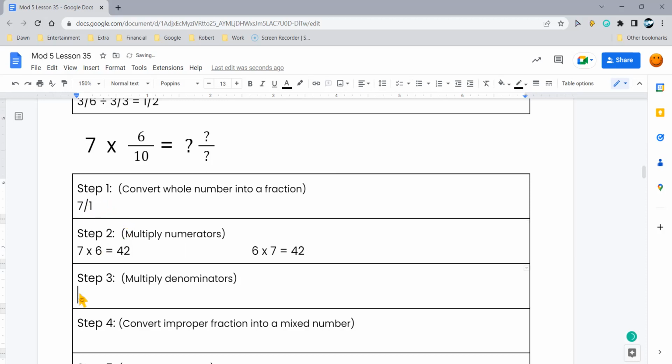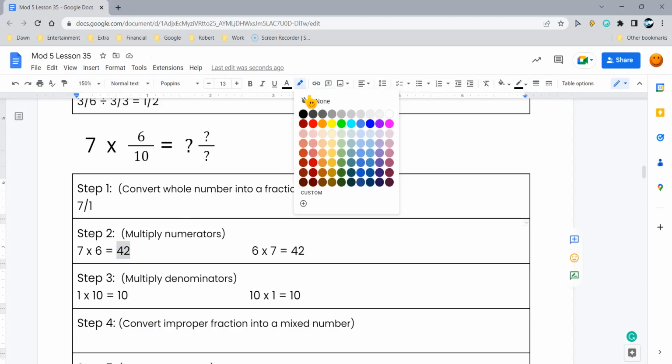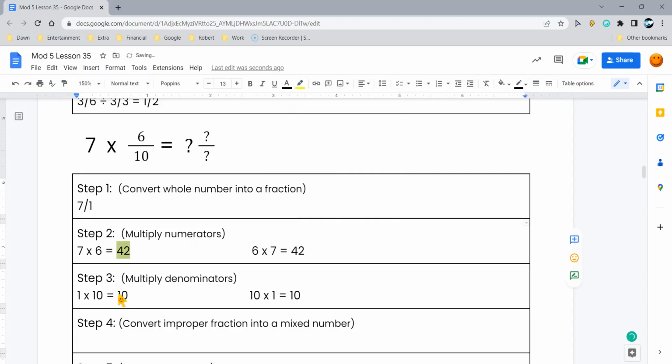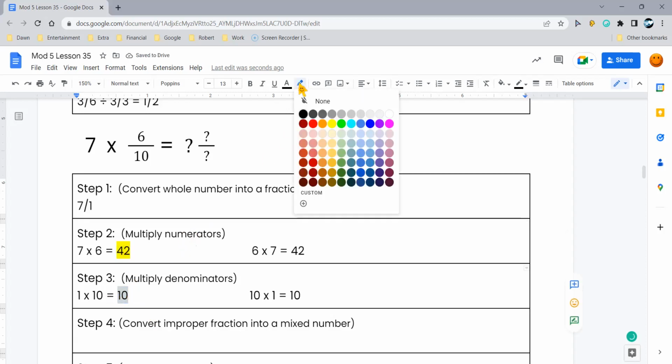And then I'll take this 1 times 10, or 10 times 1. Either answer, sorry about that, typo, is 10. So again, I'm going to just highlight one set of the products so that I know these are the numbers I'm using.